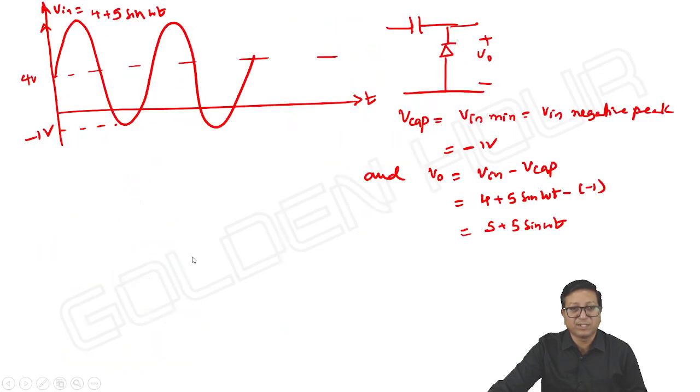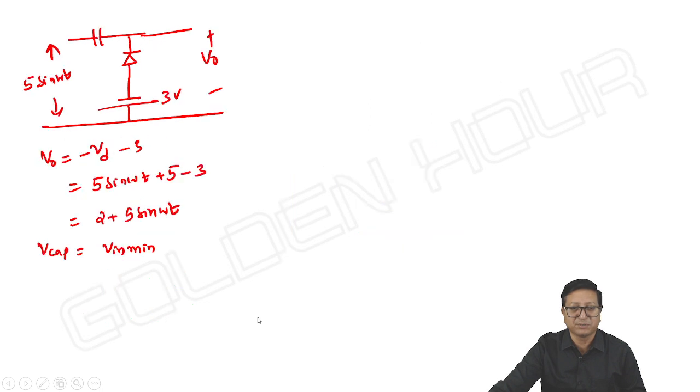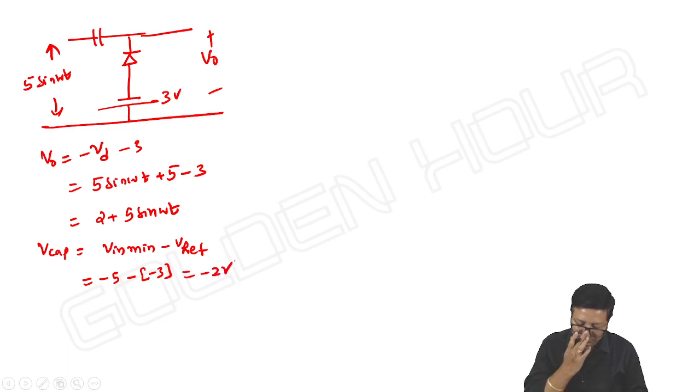Is it not so? See here what I wrote, V capacitor is equal to V in minus V reference. Okay, we can take that also, not an issue. So V input minimum is minus 5, minus V reference is minus 3. So it is equal to minus 2 volts.